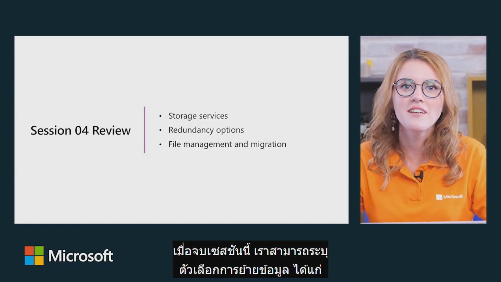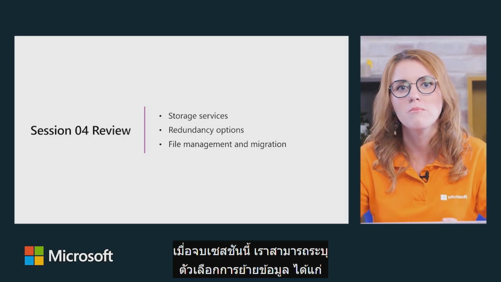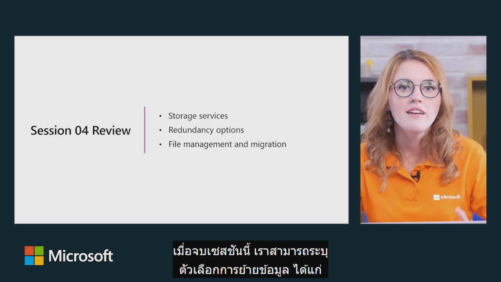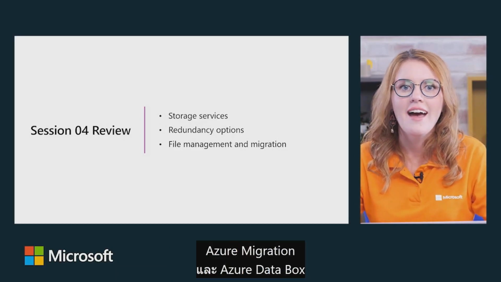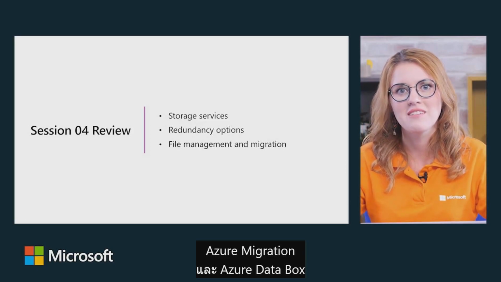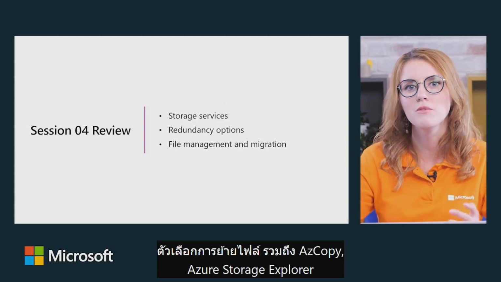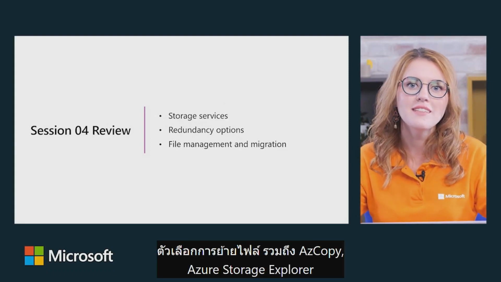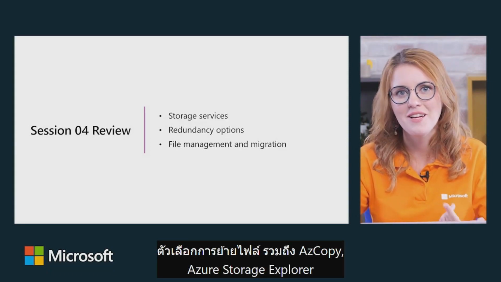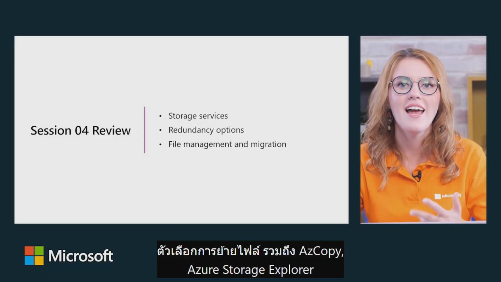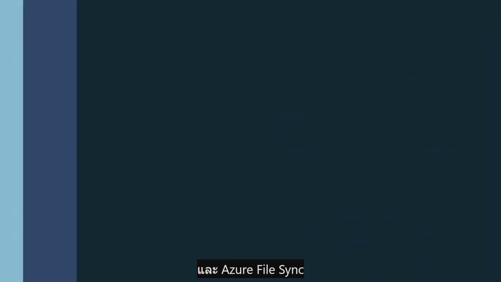After this session, we can identify migration options, including Azure Migration and Azure Data Box. And at the end of the session, we learned how to describe file movement options, including AzCopy, Azure Storage Explorer, and Azure File Sync.